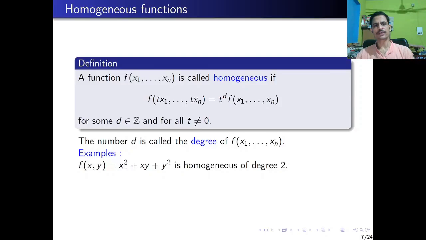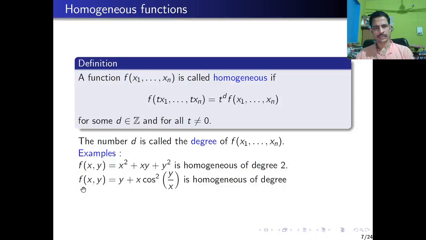So from each term, t squared comes out common, and so we get f of tx comma ty is equal to t squared f of x, y. So the value of d here is 2. So this is homogeneous of degree 2.